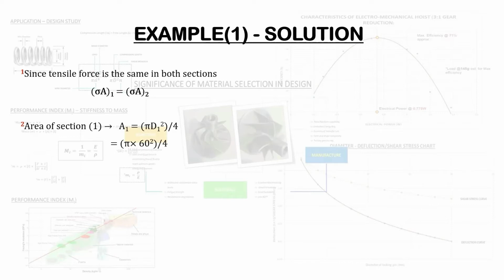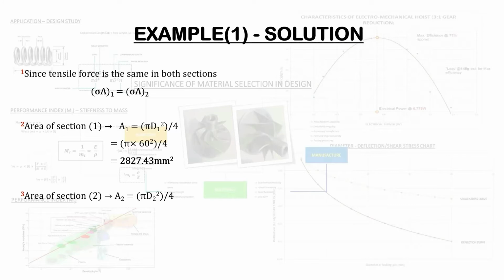Thus, pi times 60 squared divided by 4 computes to give a value of 2827.43 millimeters squared. Again, it's more or less up to you if you want to convert your units from millimeters to meters. We've calculated this cross-sectional area for section 1.